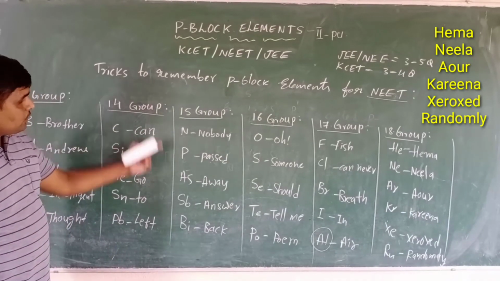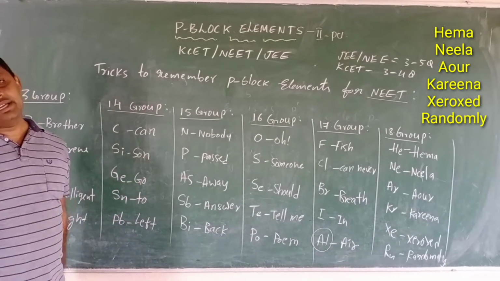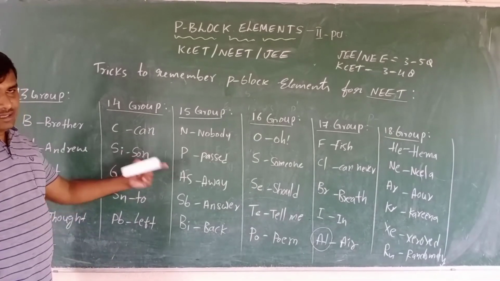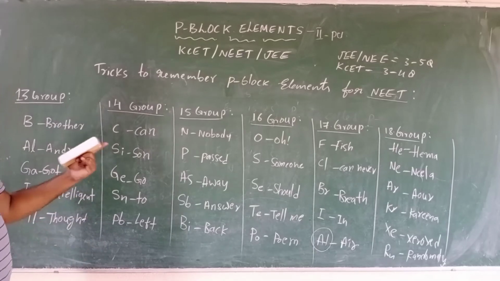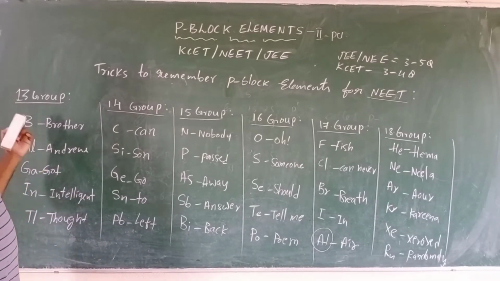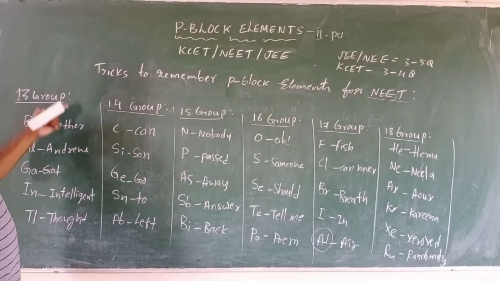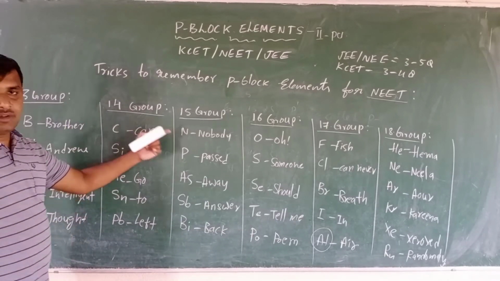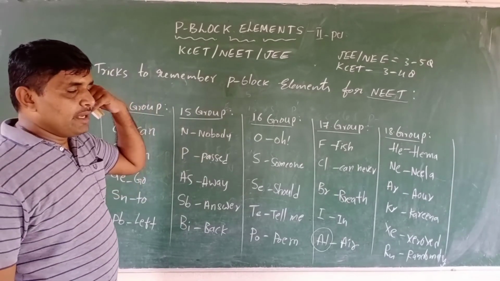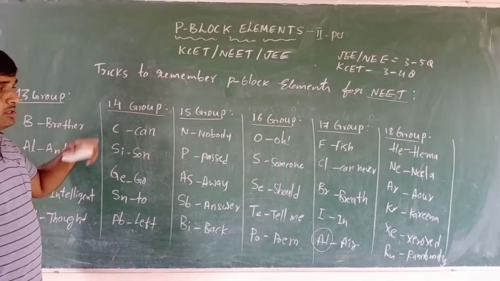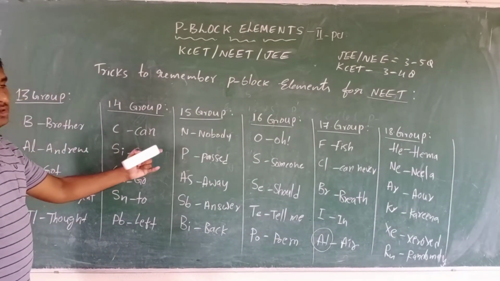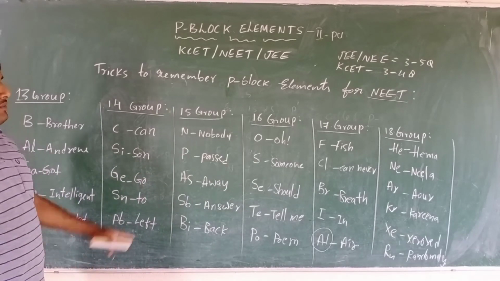If you know the group order, it can help you get the correct answer. Just remember these words, and when you get a question from a particular group, recall the group using them.